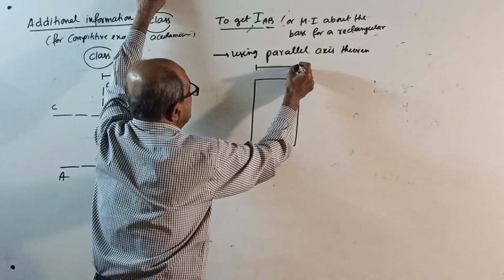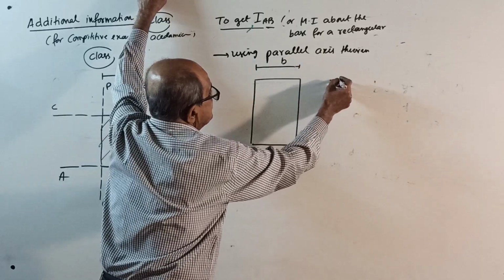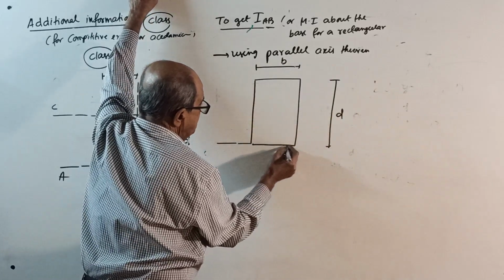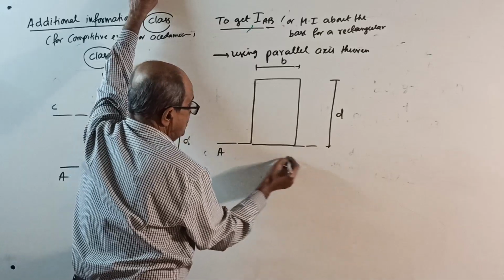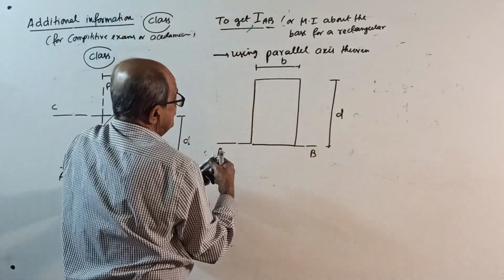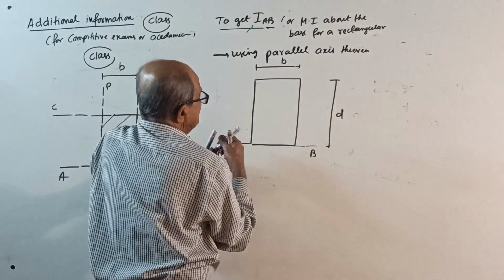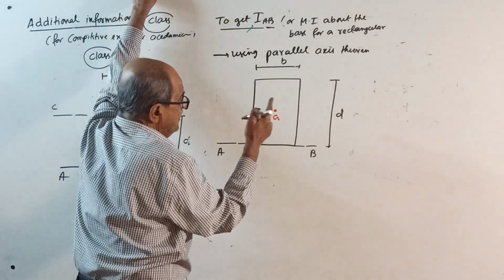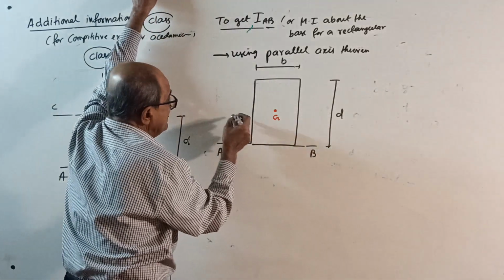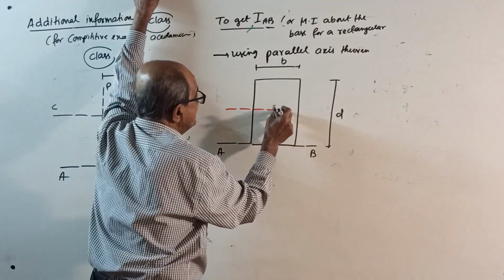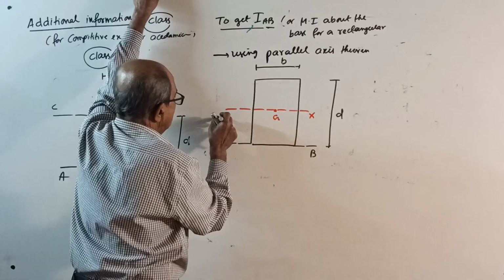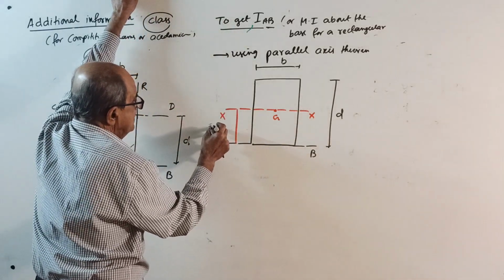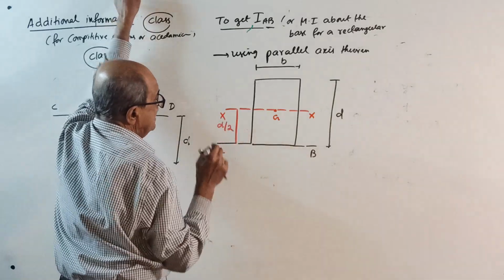This is B. This full is D. This is your axis AB, about which we want moment of inertia. See, what you do is, first mark centroid. Centroid is here, G. Mark an axis passing through centroid parallel to AB, that is this axis, x-axis. And now, this distance will be D by 2. That everybody knows.